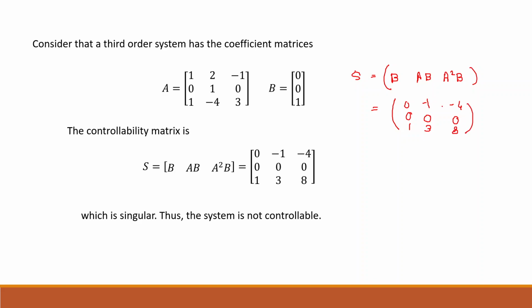This is the thing. Now if we consider finding its determinant, det of S, these two are 0, so let's consider for 1. It's always 0. So this S is singular, hence the system is not controllable. There are uncontrollable states.